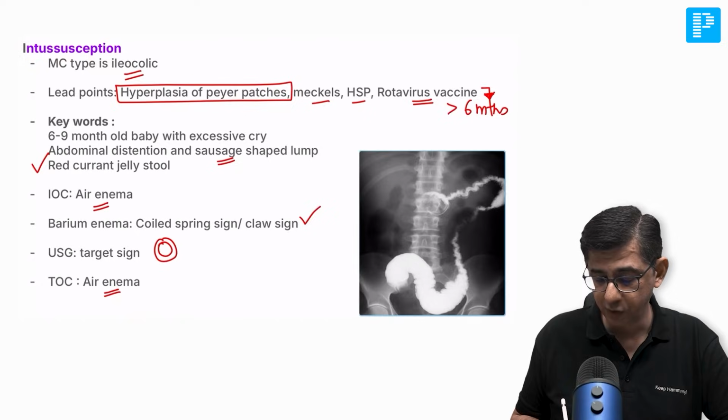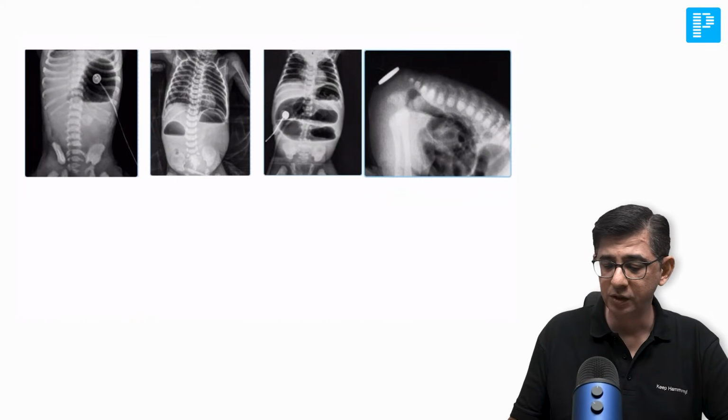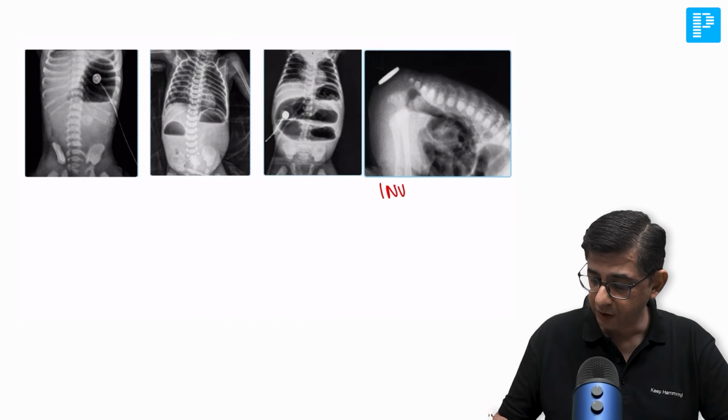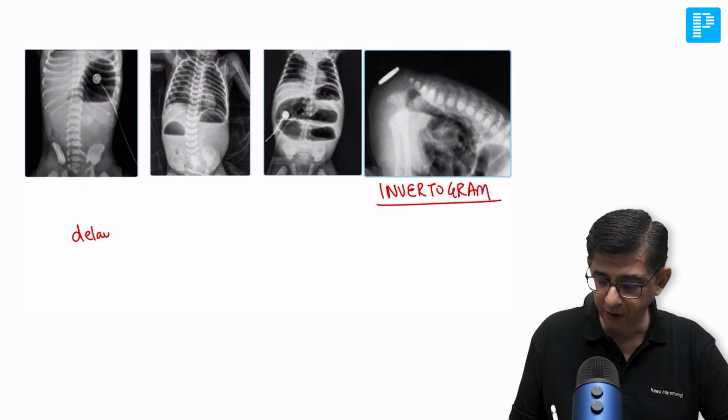In contrast, intussusception that occurs in adults is of the colocolic variety. Once again, these images have been highlighted, but to contrast this with where there can be a delayed passage of meconium, one of the reasons for delay in passage of meconium in a child can be anorectal malformation.